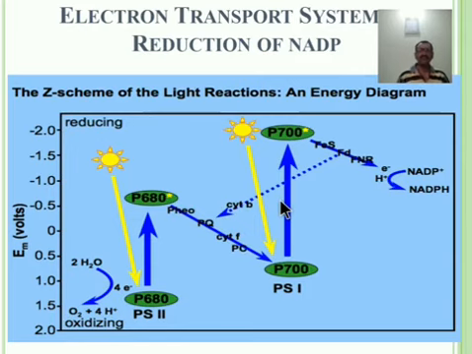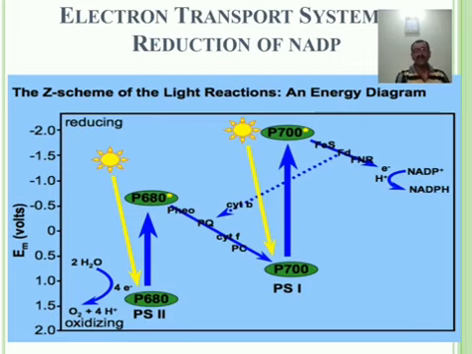The Z scheme of photosynthesis was formulated by Hill and Bendall in 1960. It is based on the demonstration by Emerson and others in 1958. The overall process of electron transport during the light phase of photosynthesis is an absolutely light driven process.